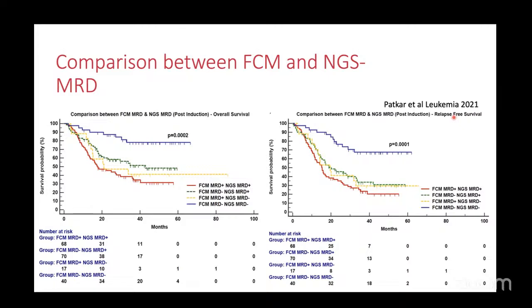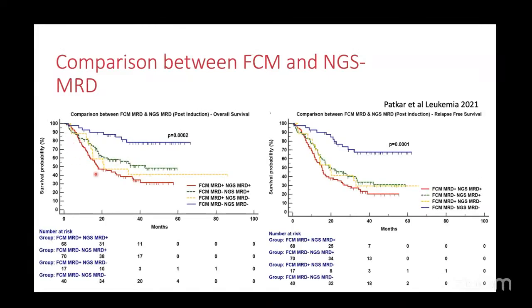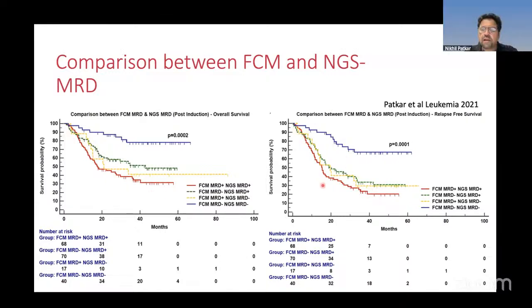All patients had mutations to begin with. If they didn't have mutations, they were excluded from the study. This panel could account, like small panels typically account for around, in our data, 83% of mutations. It will be slightly higher in other hospitals, especially if you treat older patients, because we didn't have much of TP53 and all that.